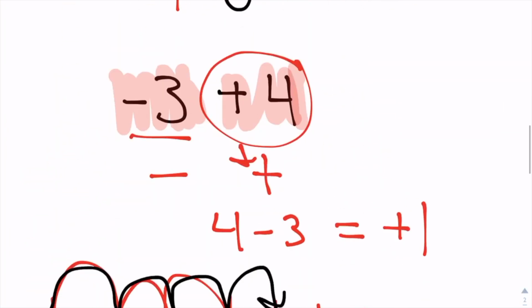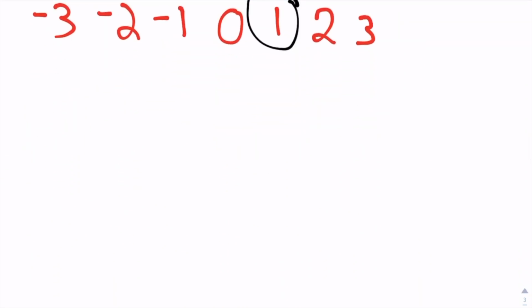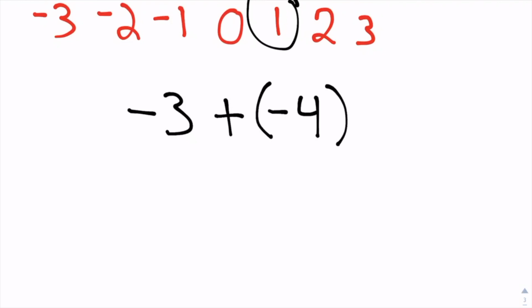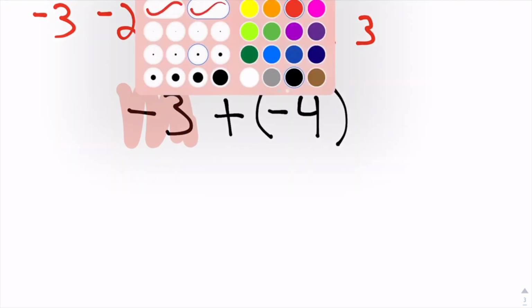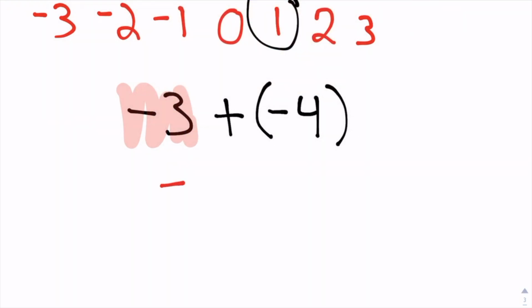Okay, now our last combination. We'll have negative 3 plus negative 4. 3 is a negative. 4 is a negative.